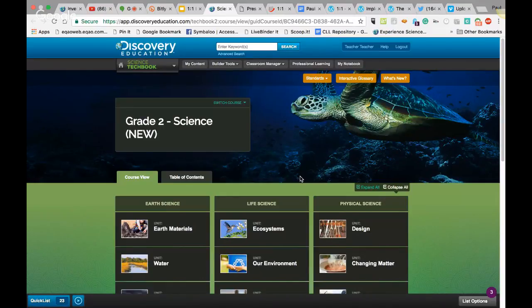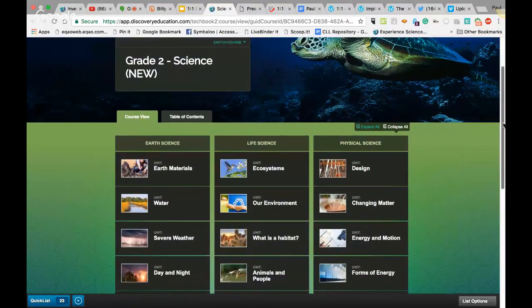This is just an example of one page, the opening page for the grade 2 Science Techbook. The materials here are wonderful, and the whole Science Techbook has been updated in the last year or so.